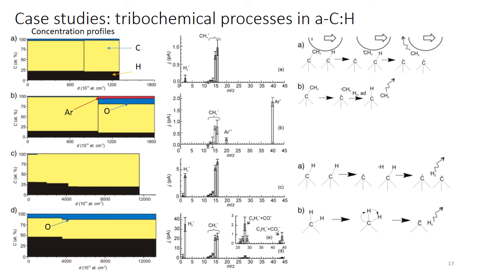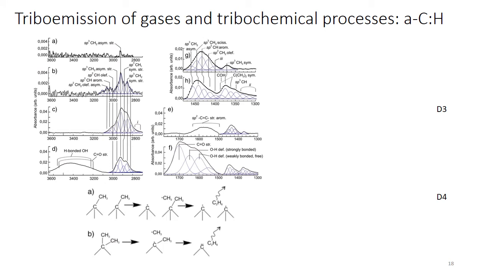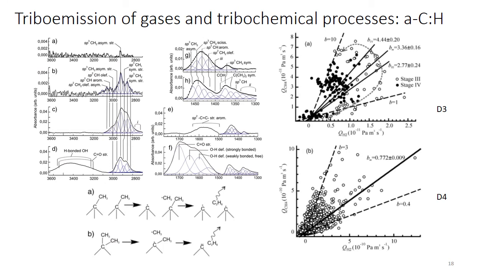of methane and hydrogen. What is interesting also is that the relationship between methane and hydrogen emission is not linear. So the more hydrogen we have in the coating, the higher is the ratio of hydrogen to methane.